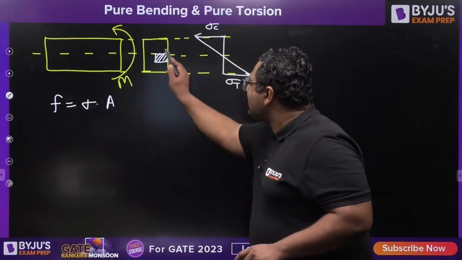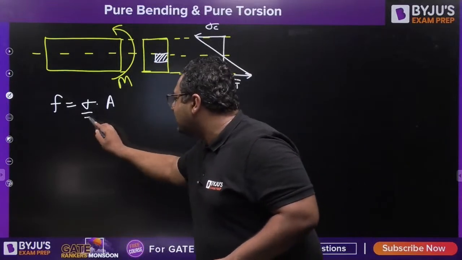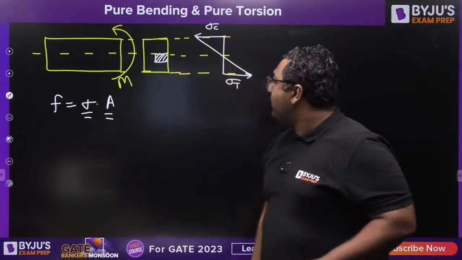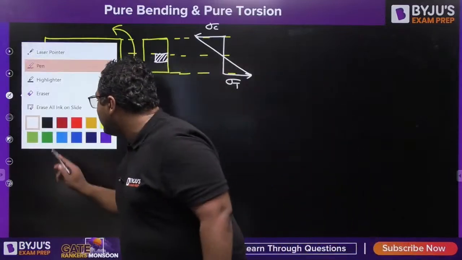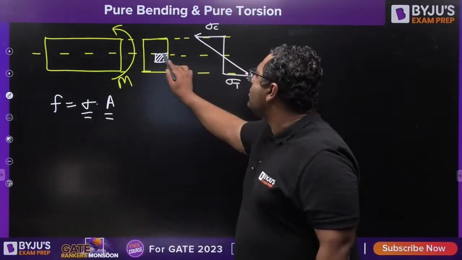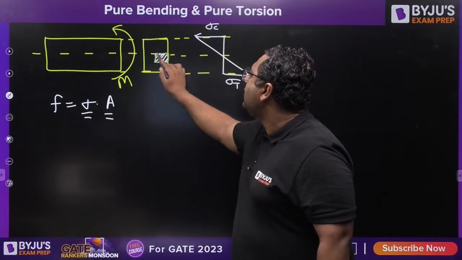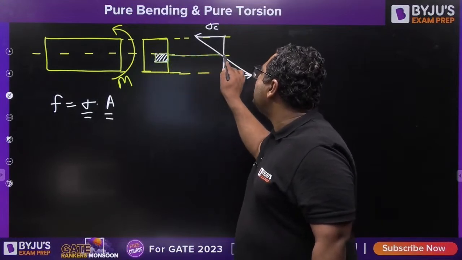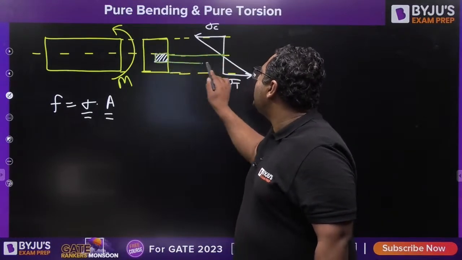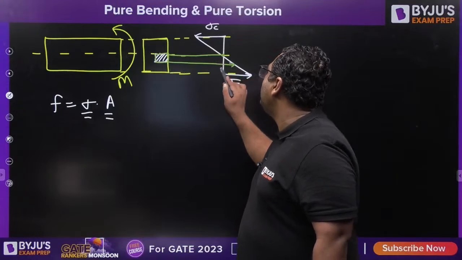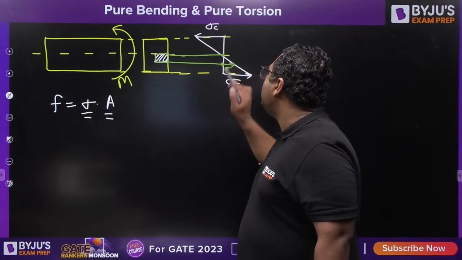If you take this area as A, you just need to multiply the stress with the area. But the point is, my dear, stress is not constant throughout the area. At this fiber, stress is 0. At this fiber, stress would have some value. Let us say that value is sigma.